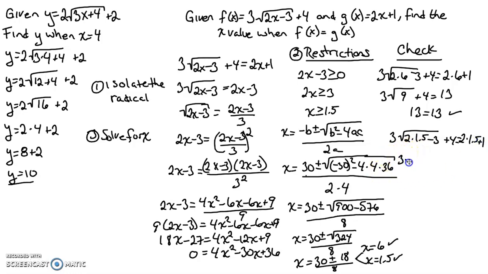This becomes 3 times the square root of 2 times 1.5 is 3, minus 3 is 0, plus 4 equals 2 times 1.5 is 3, plus 1 is 4. The square root of 0 is 0. 3 times 0 is 0. So we end up with 4 equals 4. This is also a true statement. So in this case, we have two solutions, x equals 6 and x equals 1.5.